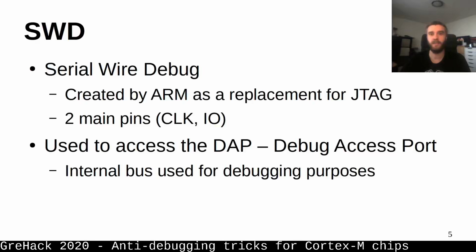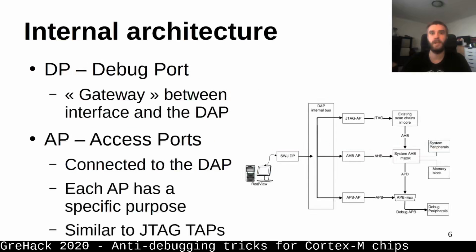This SWD interface is a bridge between the physical world of the debugger and the internal debug bus within the core of the chip. The internal bus used for debugging purposes is called the DAP, for Debug Access Port. Access to this DAP from an external debugger is made through what is called the DP, for Debug Port.